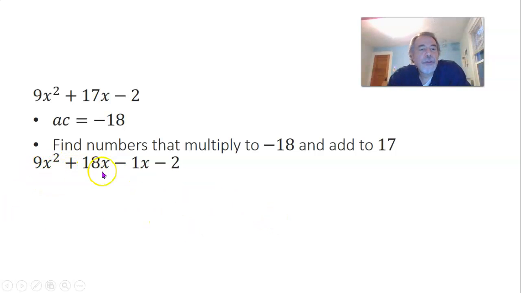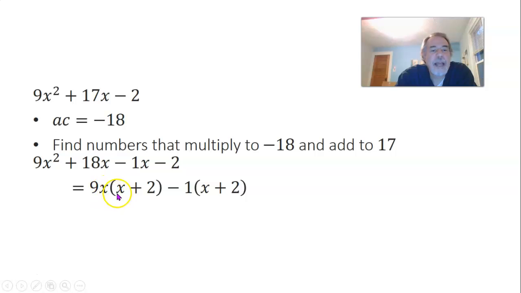Remember, you group the first two terms together and pull out their biggest common factor, which would be 9x. This is a 9x times an x. This is a 9x times a 2. So that's 9x times x plus 2. And the last two terms, all I can pull out from those is a minus 1. So negative 1 times x plus 2. Once you've pulled out the minus, it's a plus here.